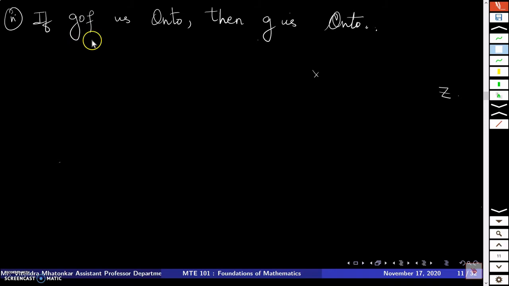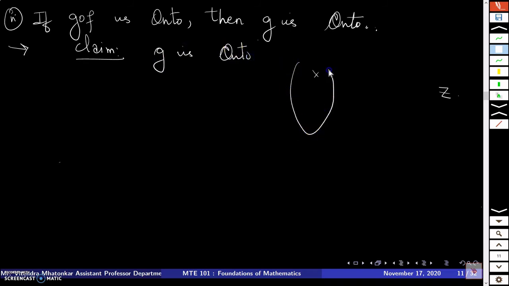If g composite f is onto, then g will definitely be onto, and I cannot say anything about the function f. So we will assume that g composite f is onto, and we will show that the function g is onto. Our claim is g is onto. Let me draw the sets.